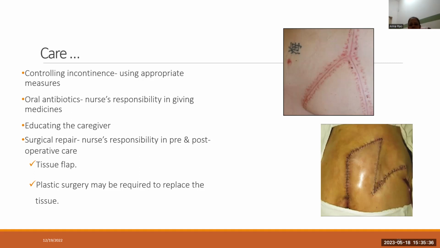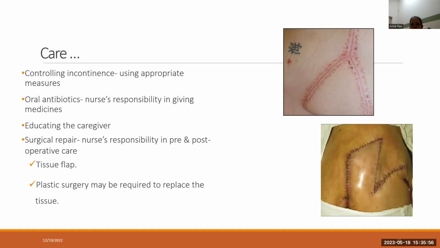Using appropriate measures. If the patient is capable enough, you can use diapers, or if not, then any clothes which can be turned into pads and that can be placed. Okay, so that will also serve the purpose.